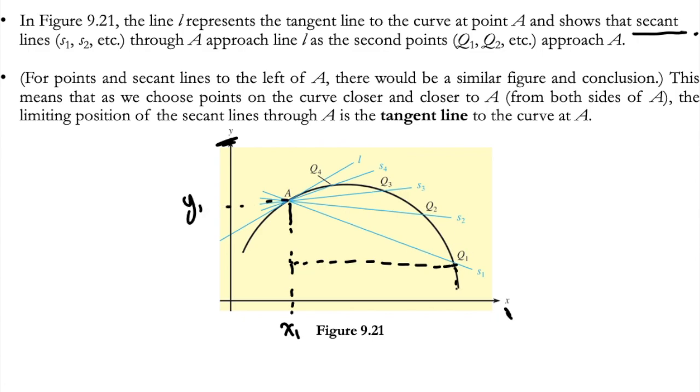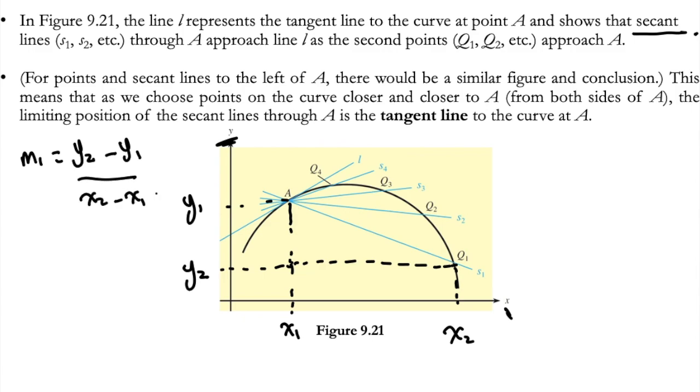At point Q1, you have another coordinate, call it X2 and Y2. We can calculate the slope for secant line 1 because we have 2 points. So we call it M1, the slope for the first secant line, which is Y2 minus Y1 over X2 minus X1.